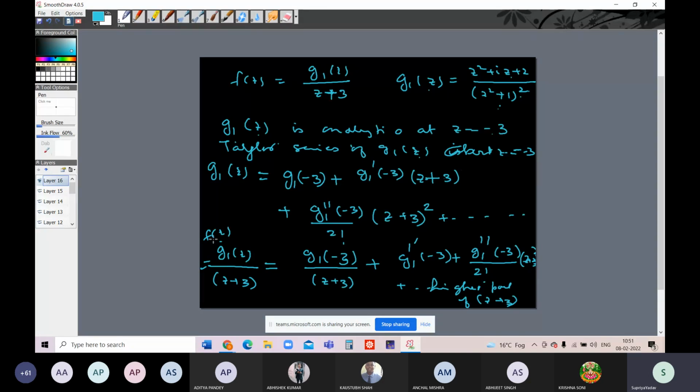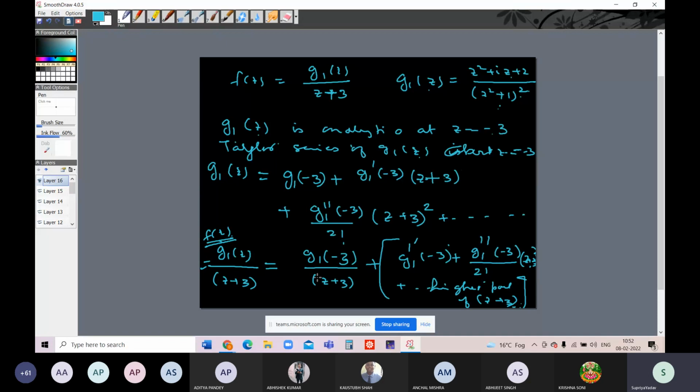So now we are writing the Laurent series of this function f(z) about the point z is equal to minus 3. You can see that in this Laurent series, all the terms contain non-negative powers of z plus 3.